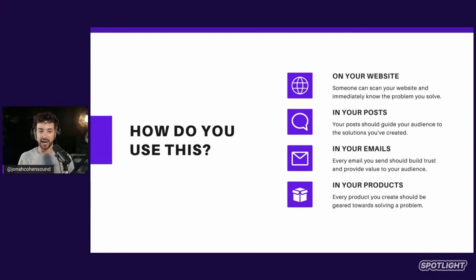You don't have to write that phrase into every single post, but every post should be serving that audience, serving that transformation. In every email you send, make sure that it builds trust and assures those people who are already on your email list, or new people you're reaching out to. Make sure they know right off the bat what that phrase is.